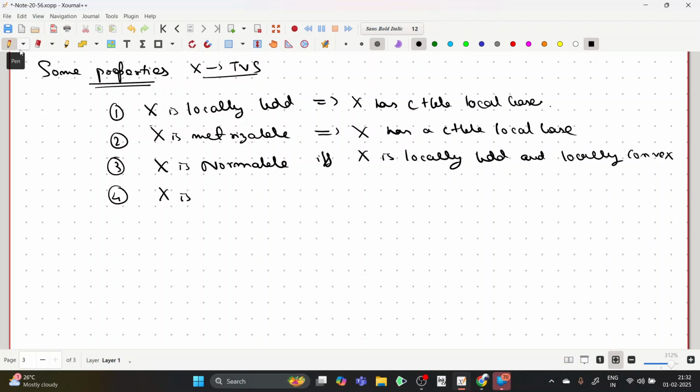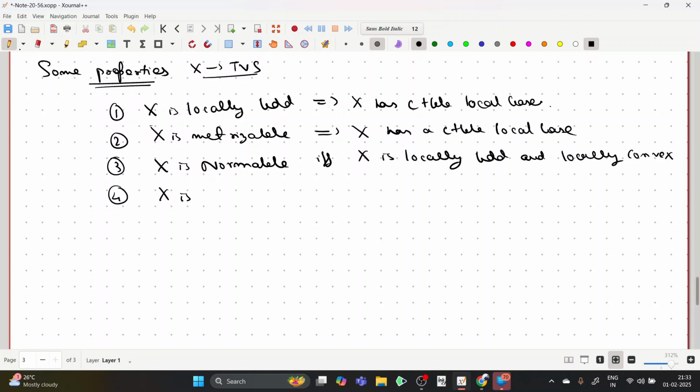Or in the algebraic notion, finite dimensional means I'll get a finite linearly independent set which will span the entire space, whose linear combinations taken with coefficients coming from the underlying field will give all the elements of X.